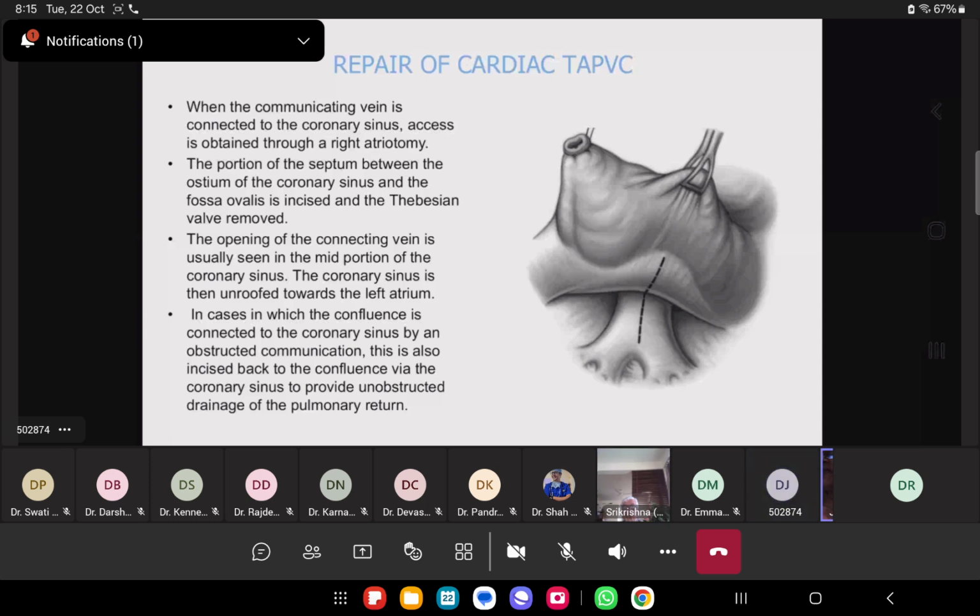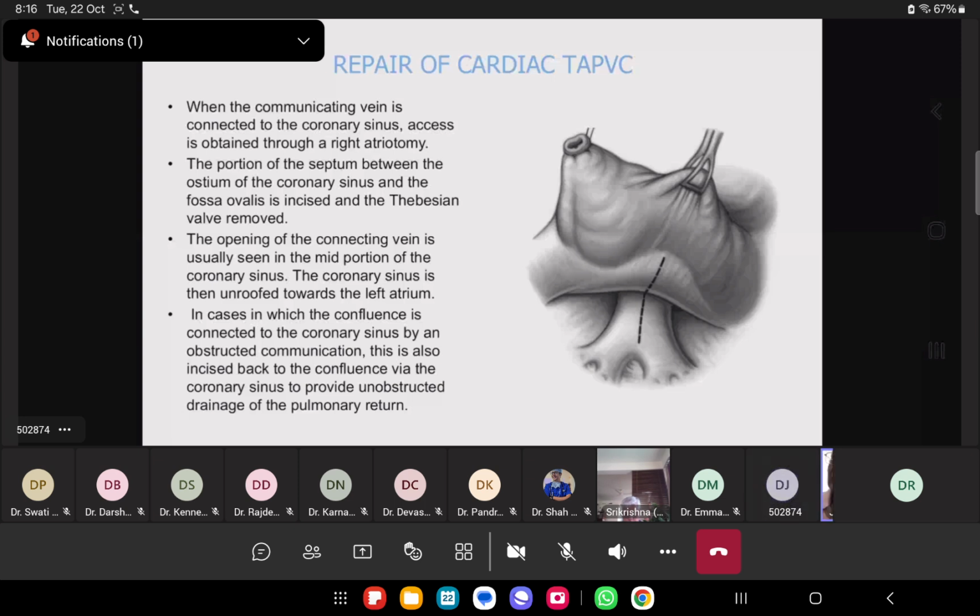No, look, sir. If you look at Kirklin and Barratt-Boyes' book, this is the classical approach for a supracardiac type, where the right atrium is not opened. You dissect out the right atrium, below that the left atrium, below that the common pulmonary venous chamber. So you retract the heart to the left and open the left atrium above and open the common pulmonary venous chamber.